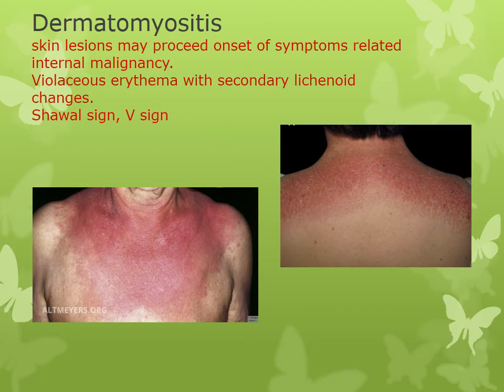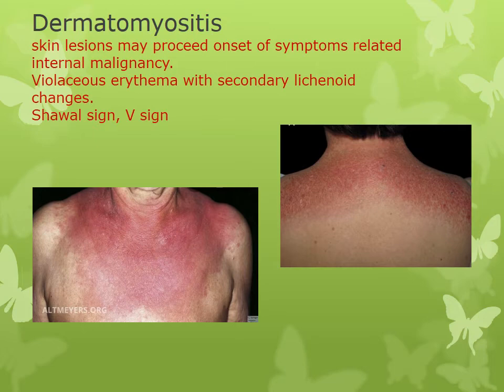These lesions can present on the neck, upper chest, and upper back. Usually they become associated with secondary lichenoid changes with time, and the term shawl sign is given for lesions present on the upper back, and the term V sign is given to describe the lesions on the neck.